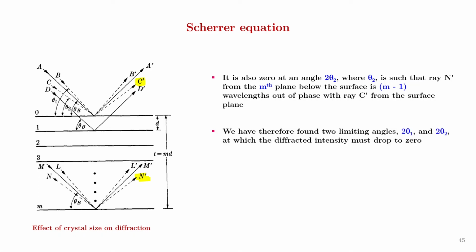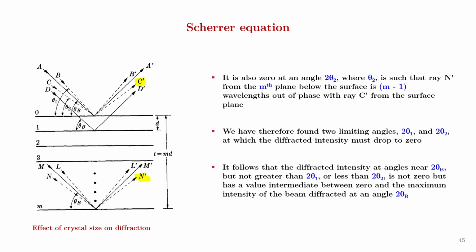We have therefore found two limiting angles 2 theta 1 and 2 theta 2 at which the diffracted intensity must drop to 0. It follows that the diffracted intensity at angles near 2 theta b but not greater than 2 theta 1 or less than 2 theta 2 is not 0 but has a value intermediate between 0 and the maximum intensity of the beam diffracted at an angle 2 theta b.